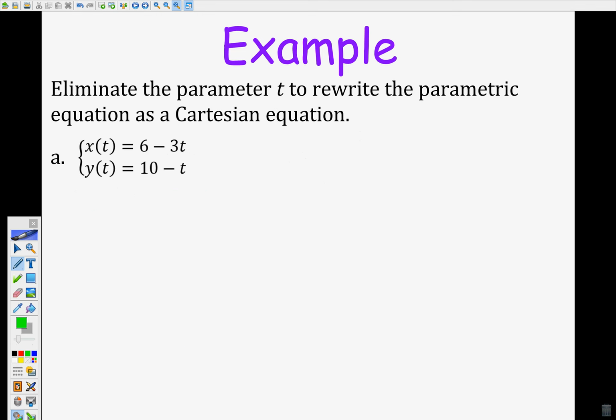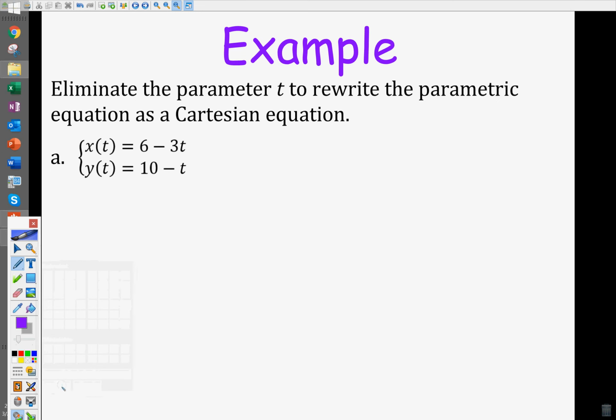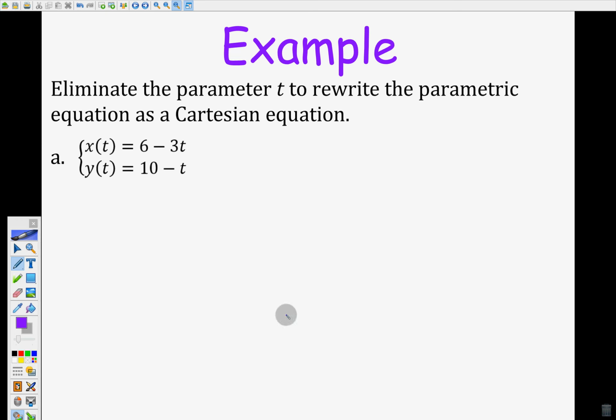So yes, it does get a little bit more complicated, but not much. In this case, now we're going backwards. We have the parametric equation, and we need to go back and write it as one Cartesian equation. I'm going to start with my x equation, and I'm going to solve this one for t.